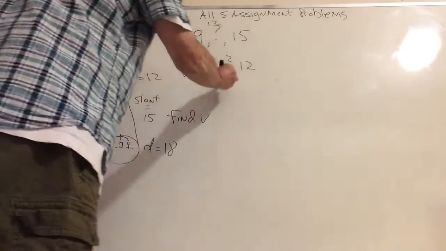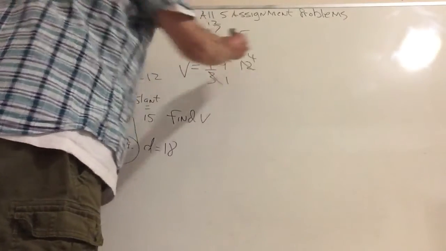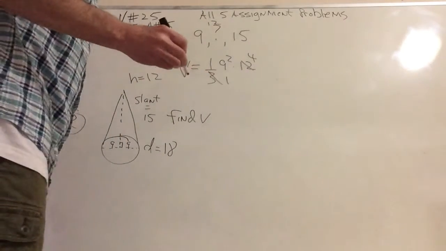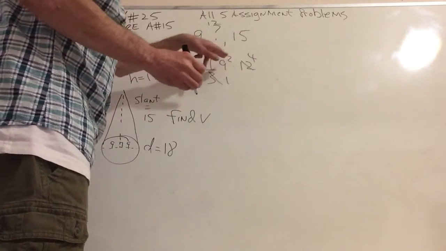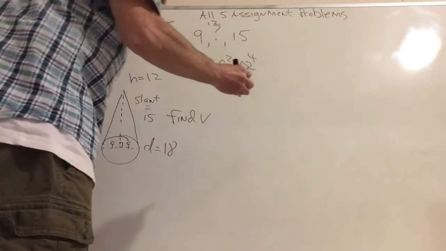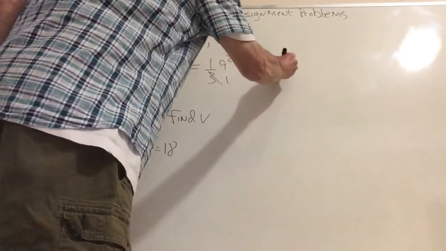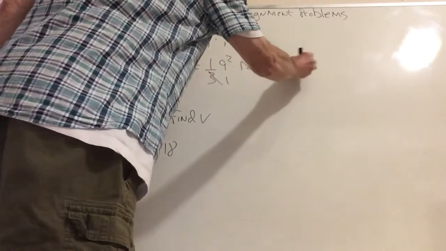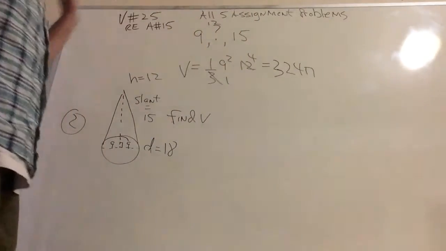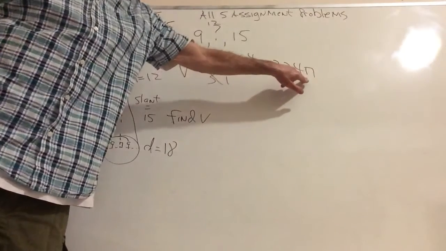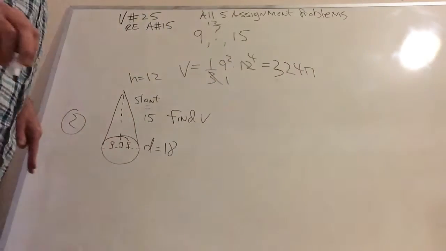It's probably easier to do it this way without a calculator. And then it really turns down to what's 81, because 9 squared is 81. 81 times 4. And you should easily, at your age, your development, come up with 324 pi. If this part you want to use the calculator, fine, as long as you include pi, because it's in terms of pi.